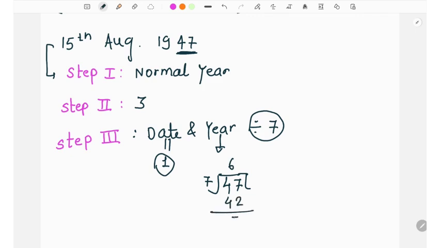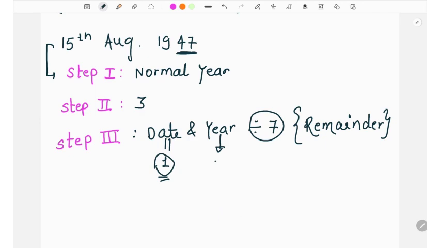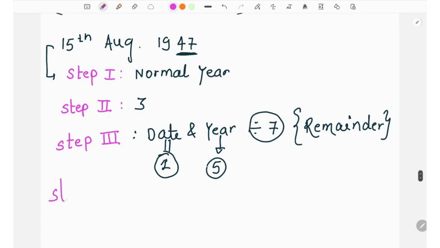What remainder will I get, students? 5. And whenever we divide by 7, only the remainder is important. So for date I got remainder 1, and for year I got remainder 5. So I'll write here 5. Now next step. In step number 4, what I have told you, the last step.